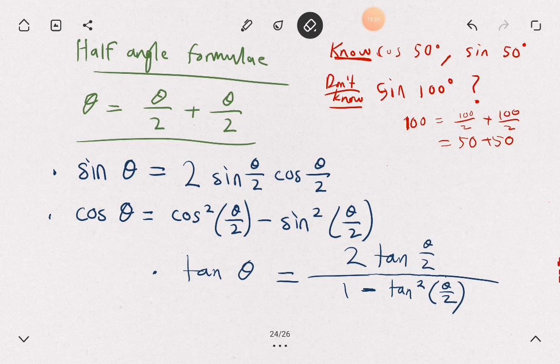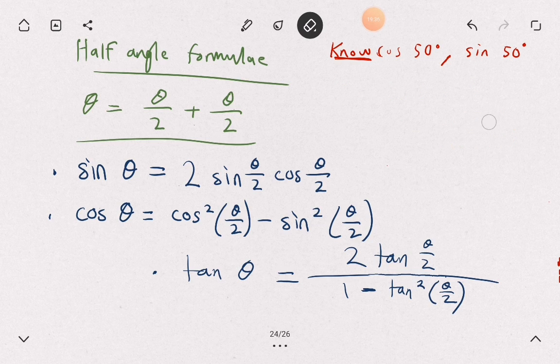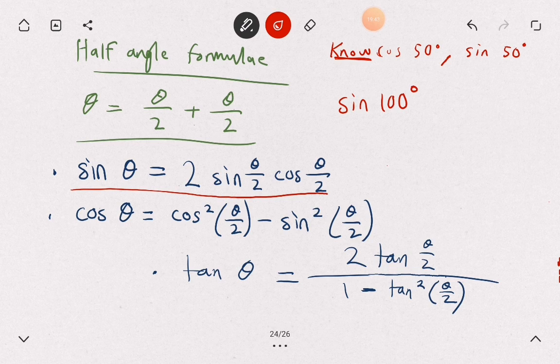For sine 100, I use this formula. So now my 100 is the theta, and 50 is theta over 2. Understand?